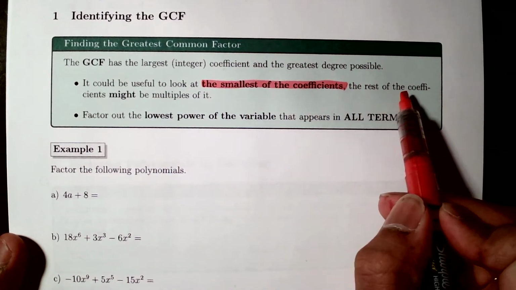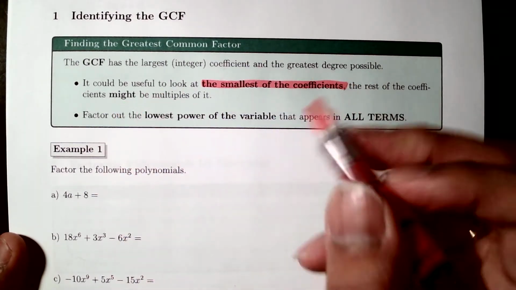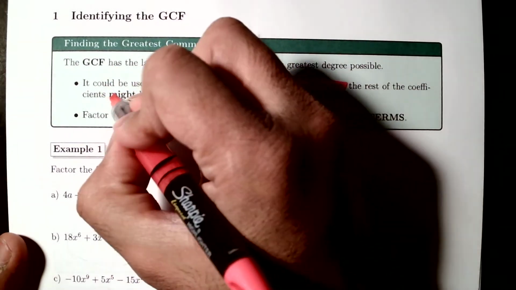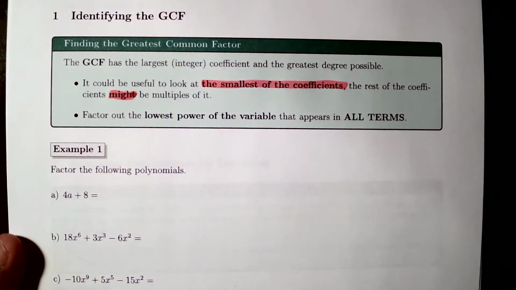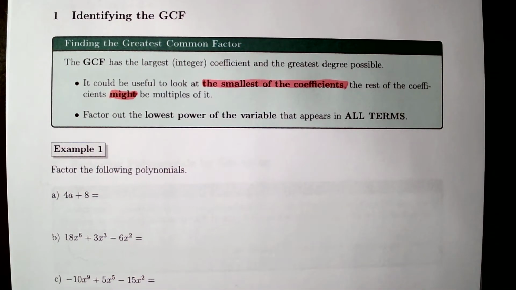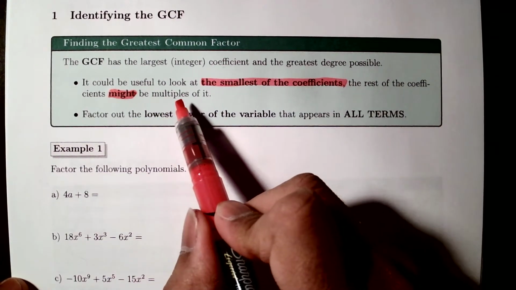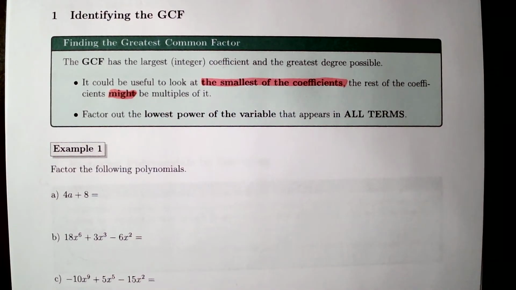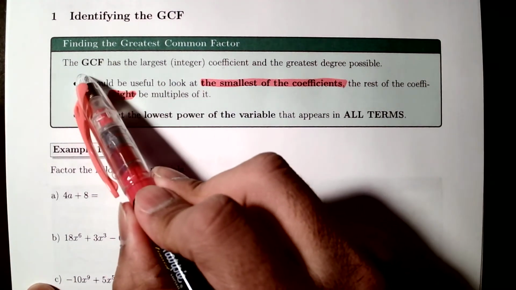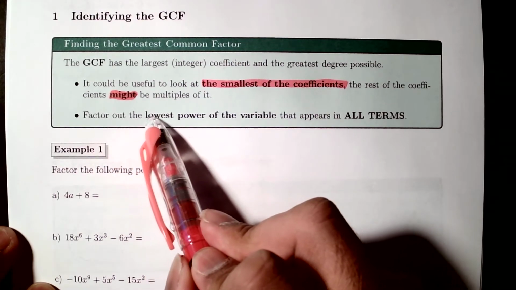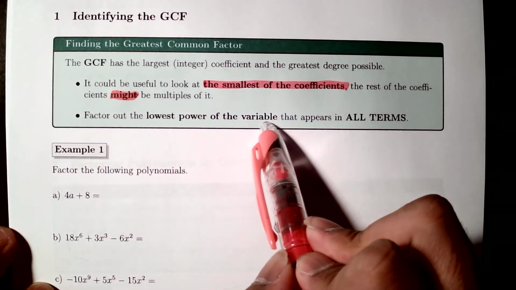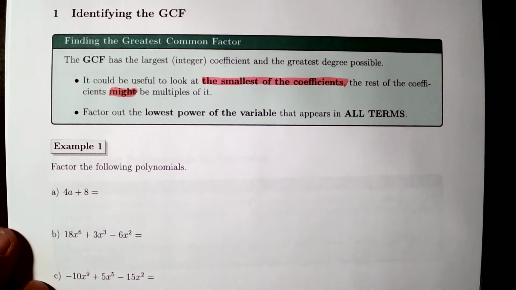From there, we compare with the rest of the coefficients, because the rest of the coefficients might, notice the word I'm using, might, be multiples of it, not necessarily are. So that's one part to find the GCF with the numbers, the coefficients. Now, for the variable terms, we factor out the lowest power of the variable that appears in all terms.